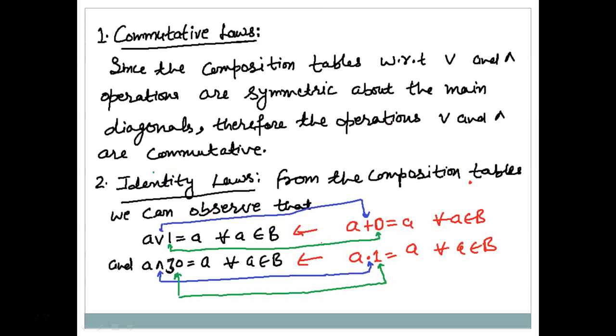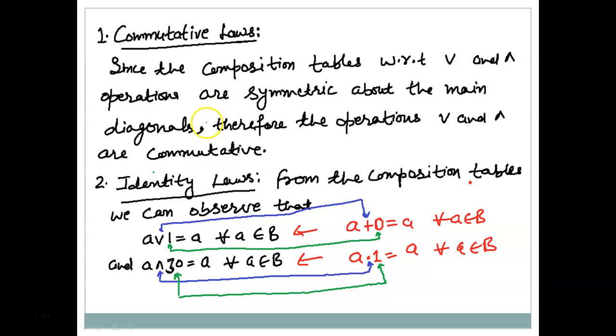Number one, commutative law. Since the composition tables with respect to join and meet are symmetric about the main diagonal, therefore the operations join and meet are commutative. In fact, you must understand it.